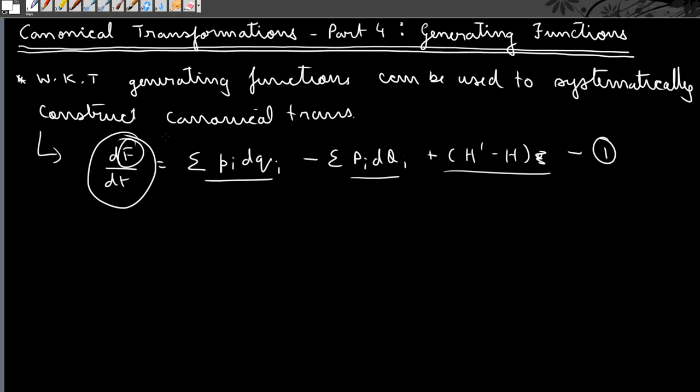Okay, which means it can be a function of only these quantities whose variation at the endpoints is always going to be 0.